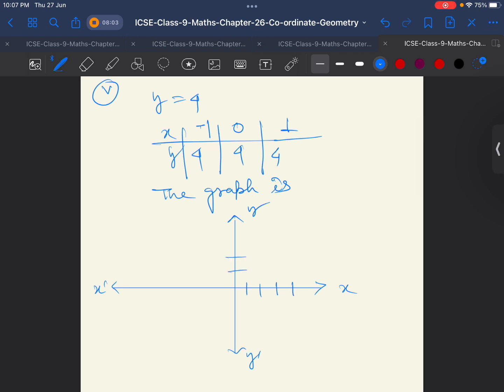So 1 2 3 4 on each side. Here is (-1, 4), the (0, 4) point is here and the (1, 4) point is here. So the straight line is this.